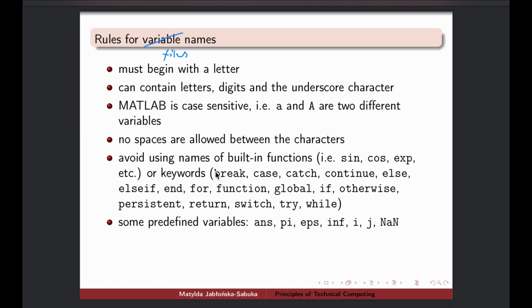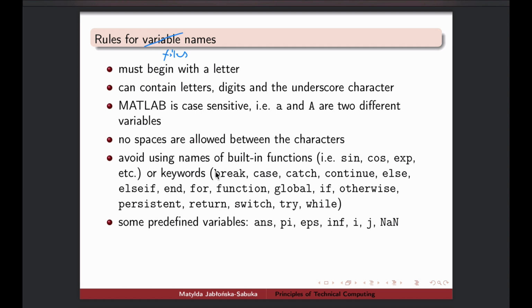Now, what the name further can contain. So it can contain letters, it can contain digits once they appear after the letters, and the underscore character. Nothing else. So that means there cannot be any spaces between those characters, and there cannot be any special characters. So no dots, commas, slashes, dashes, nothing like that.